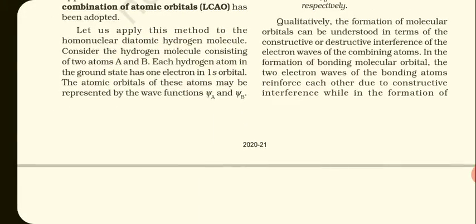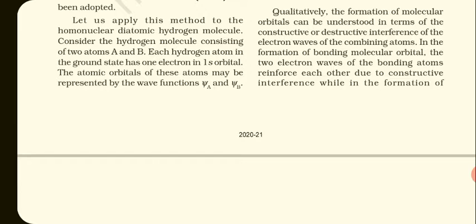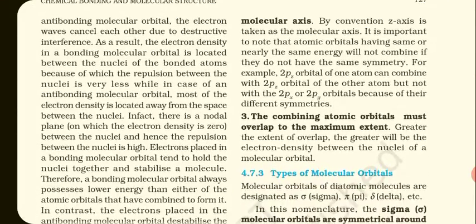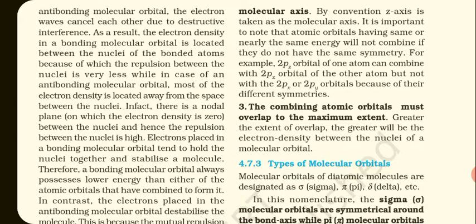Qualitatively, the formation of molecular orbitals can be understood in terms of the constructive or destructive interference of the electron waves of the combining atoms. In the formation of a bonding molecular orbital, the two electron waves of the bonding atoms reinforce each other due to constructive interference, while in the formation of an anti-bonding molecular orbital, see on the left hand side, the electron waves cancel each other due to destructive interference.